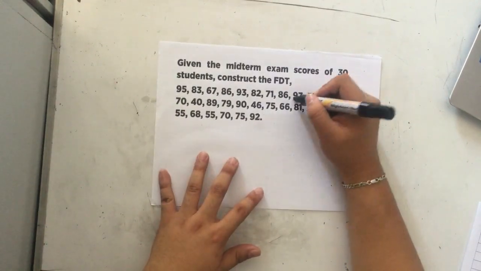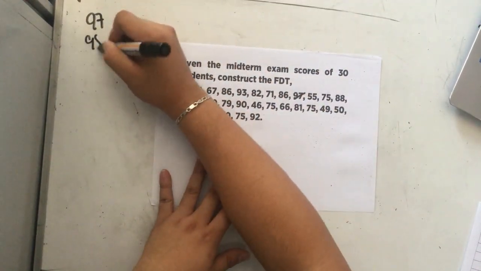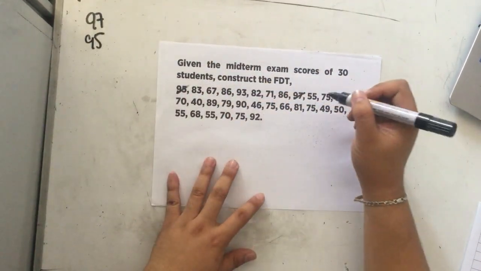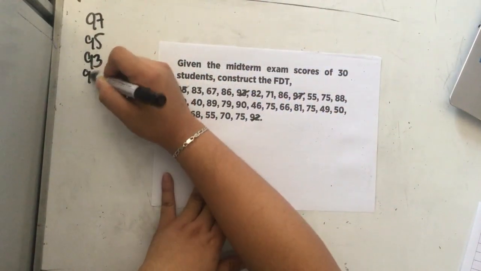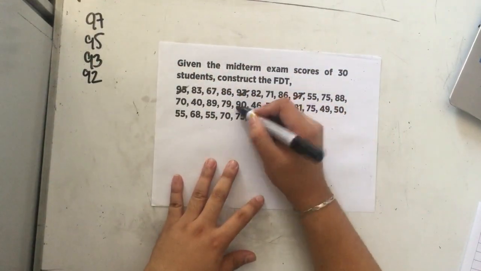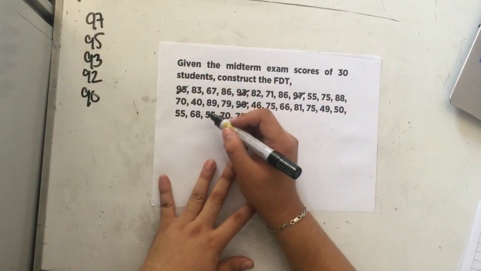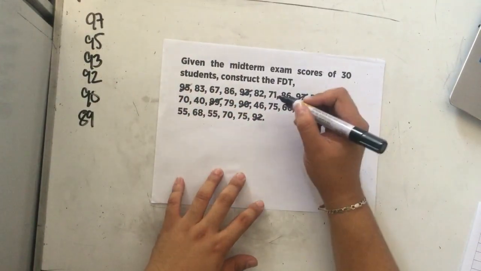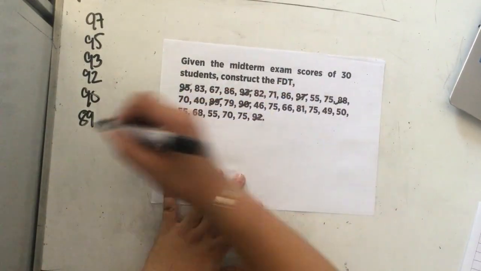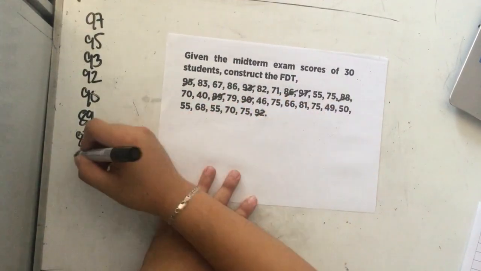Okay? So, first, we have 97, 95, 93, 92, 90. Okay, next we have 89, 89, 88, 86.